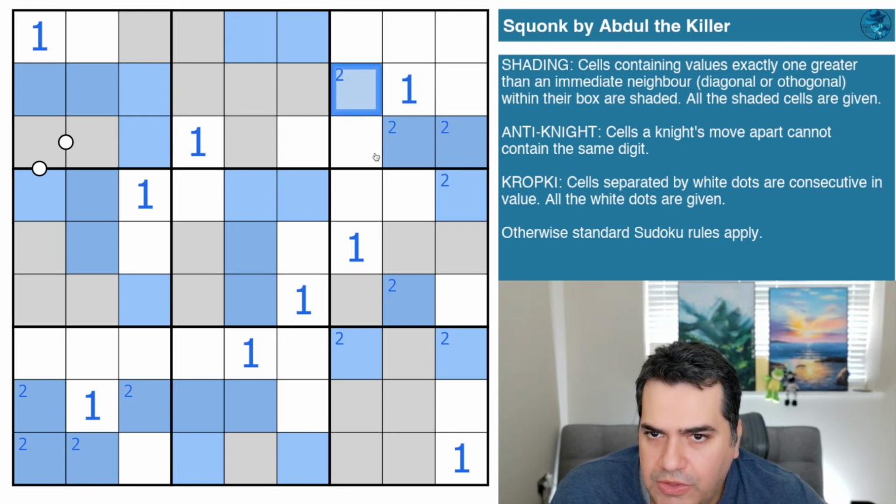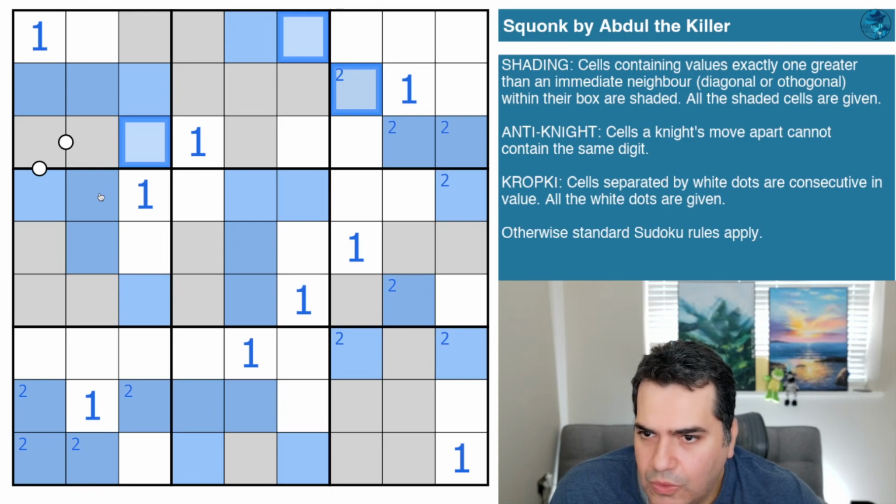So if I place a 2 in here, that would be a 2. This would be a 2. It sees all of these. This would be a 2, this would be a 2, this would be a 2. And we'd have unresolved 2s in here, but both of these would be fine.